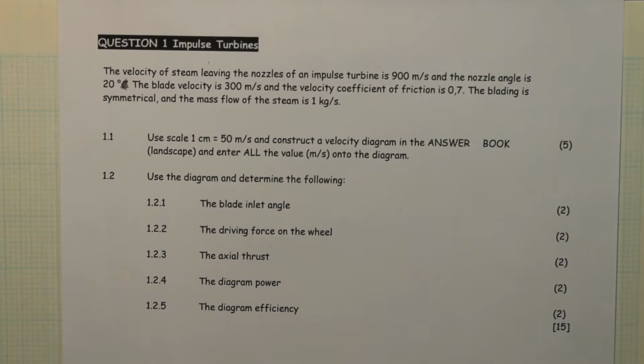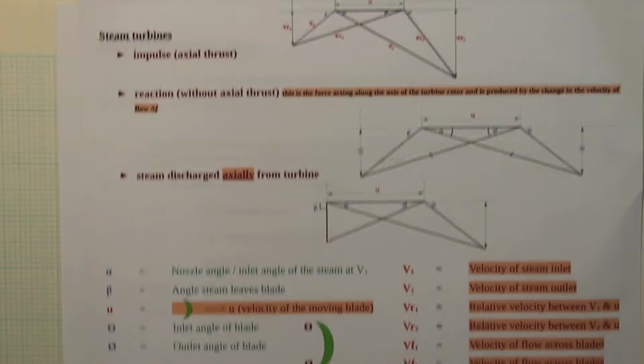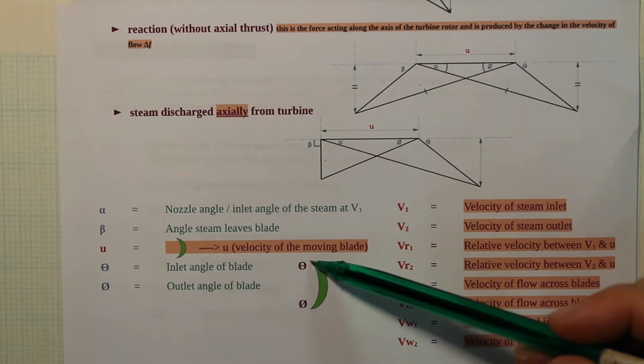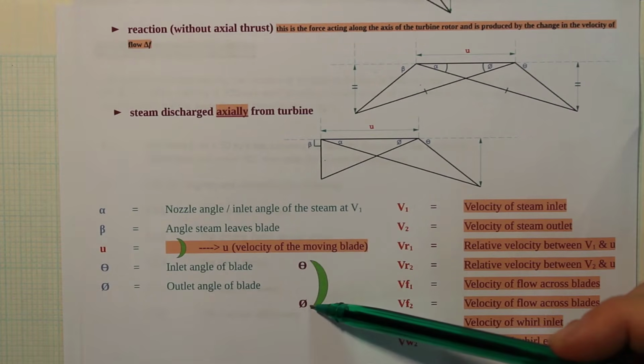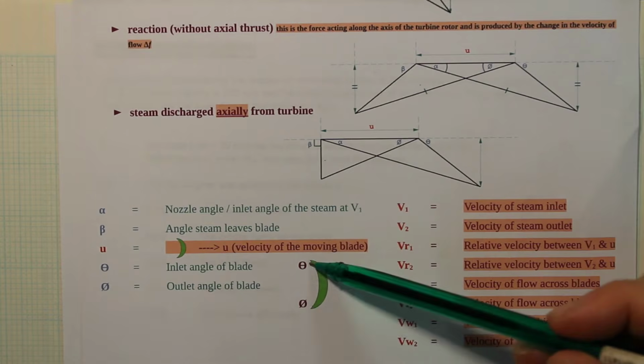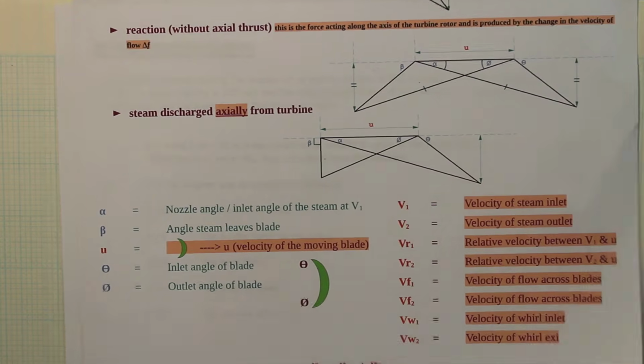And then they say that the blading is symmetrical. What does that mean? They don't always say that, but in this case they do. That's a very nice thing, because when it's symmetrical, it means that the angle of the inlet of the blade is the same as the angle of the outlet of the blade. So if we know that angle, we know that angle as well.